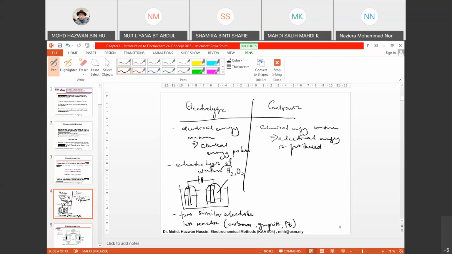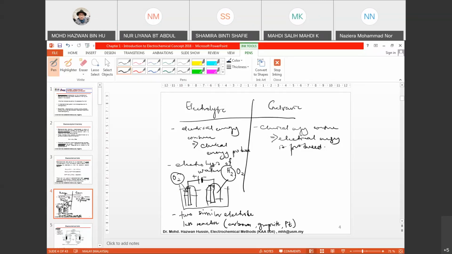Okay. So Liana is guessing hydrogen at cathode and oxygen at anode. Is it correct? Answer is yes. Basically, this will be positive and this will be negative.